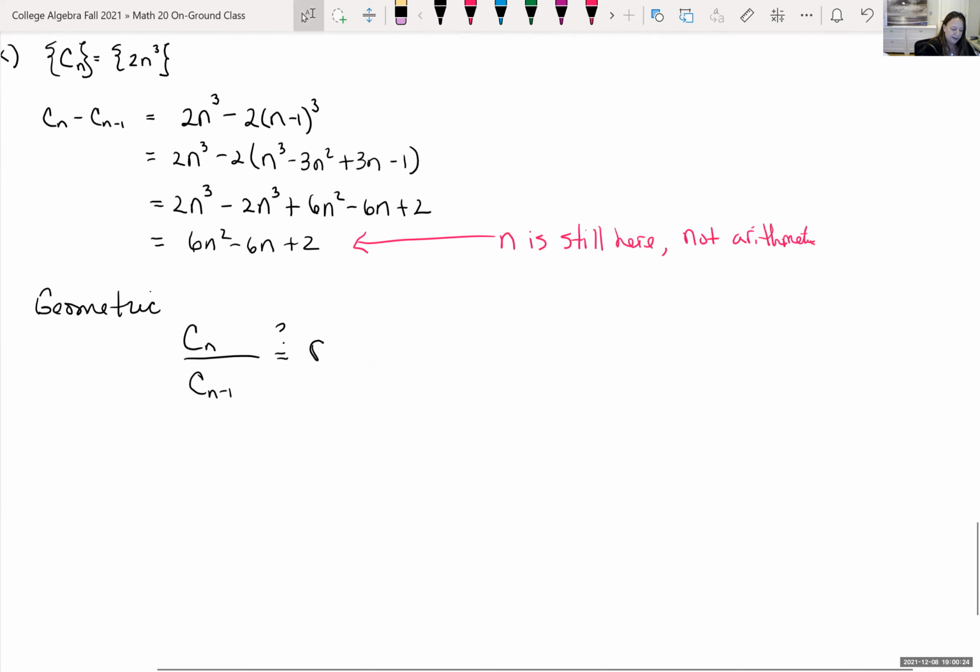Okay, so c sub n is 2n cubed all over c sub n minus 1. We already did all that work for c sub n minus 1, didn't we? So c sub n minus 1 was over here.